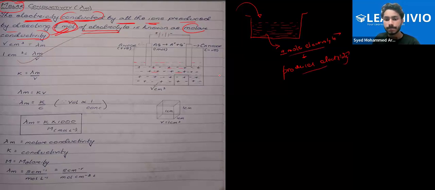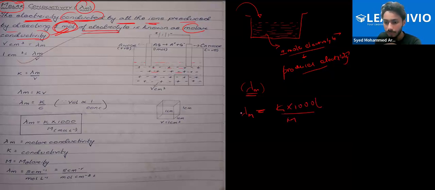Now, how will it be represented? Lambda m is the representation of molar conductivity, and the formula is lambda m equals k multiplied by 1000 divided by M. This is the formula that you have to remember. k is the conductivity, M is the molarity of the solution, like how molar a solution you have dissolved, and 1000 is to balance the equation.